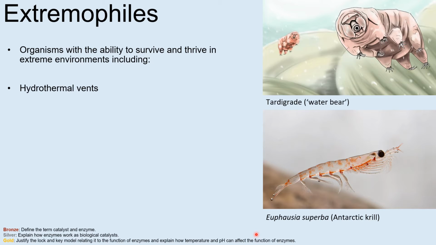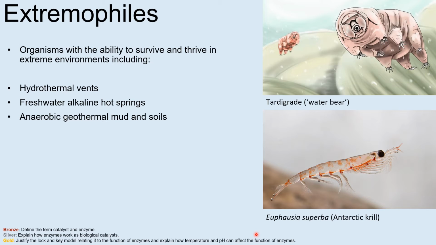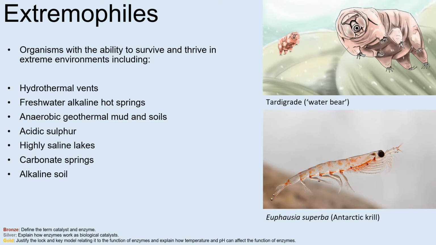For example, hydrothermal vents, which are underwater, freshwater alkaline hot springs, anaerobic geothermal mud and soils, acidic sulfur environments, highly saline lakes such as the Dead Sea, carbonate springs, and alkaline soil.